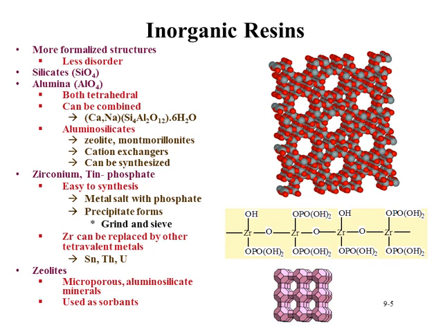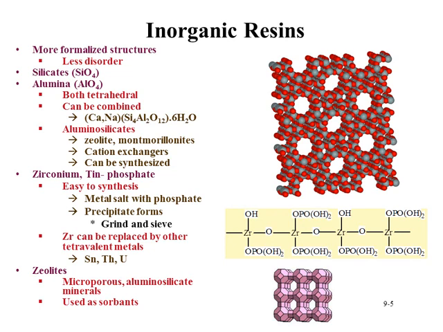An example of an inorganic resin material that is relatively straightforward to synthesize is zirconium phosphate, with a structure shown here. If you just take a metal salt with a phosphate solution, a precipitate forms which has a fairly regular structure, and you can imagine you can tune the gap between the metal ions with this bridging oxygen by choosing the metal ion itself.